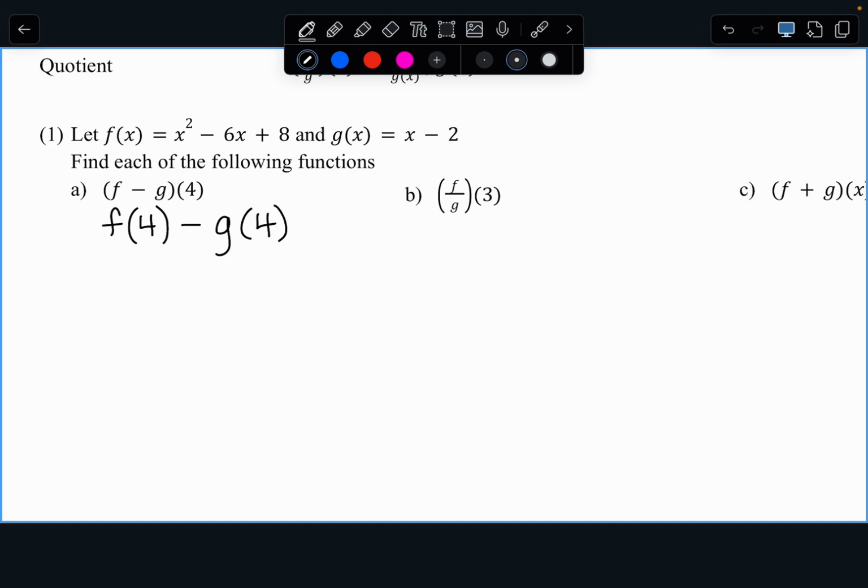So, if I do that, this is f minus g. So when I do this, I have, and I'm going to use highlighters so it might be a little easier to see, I have stuff squared minus 6 times stuff plus 8.